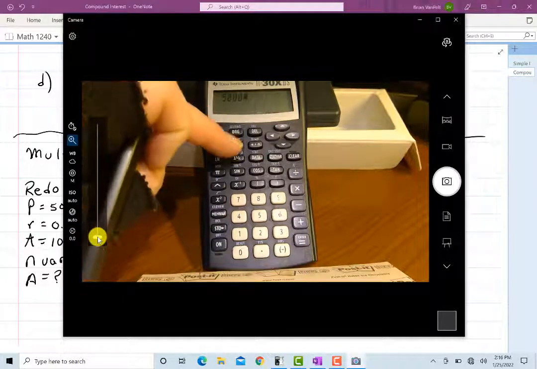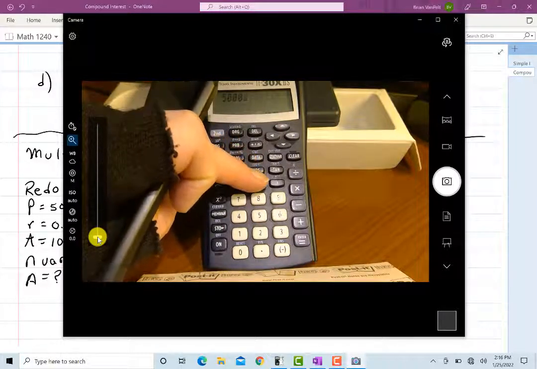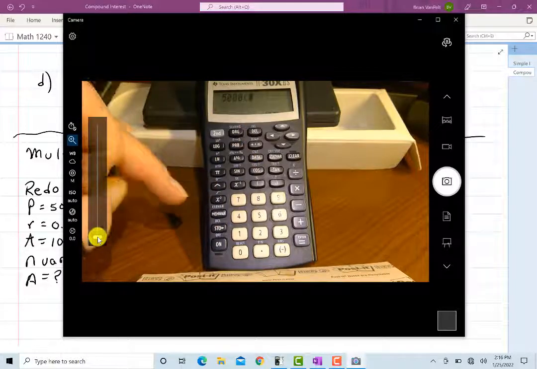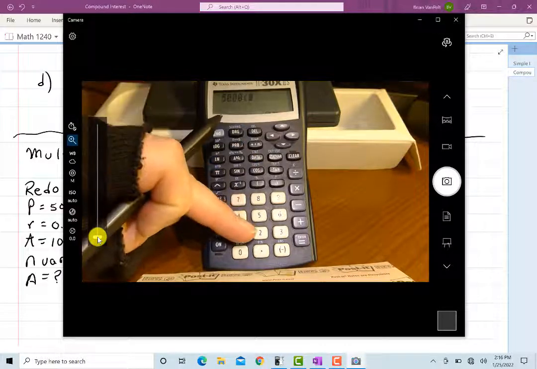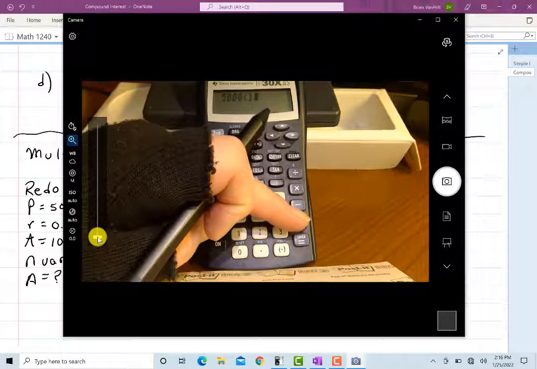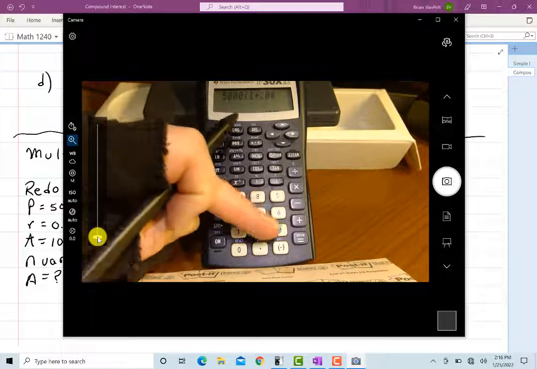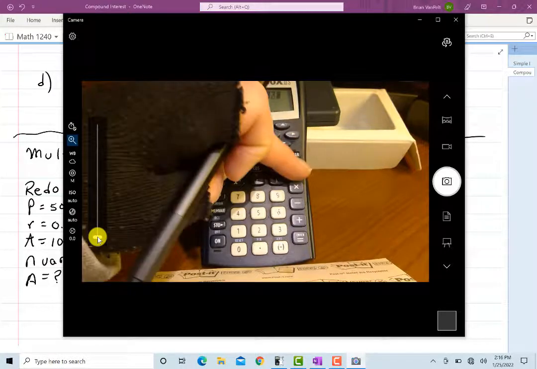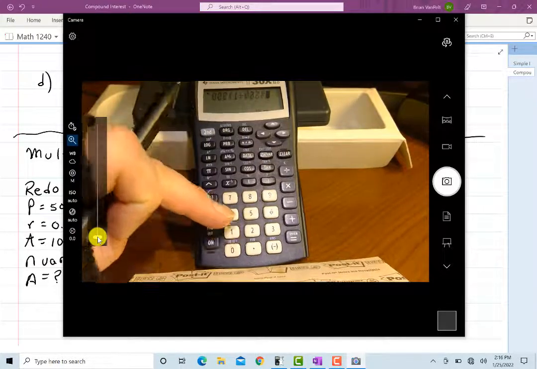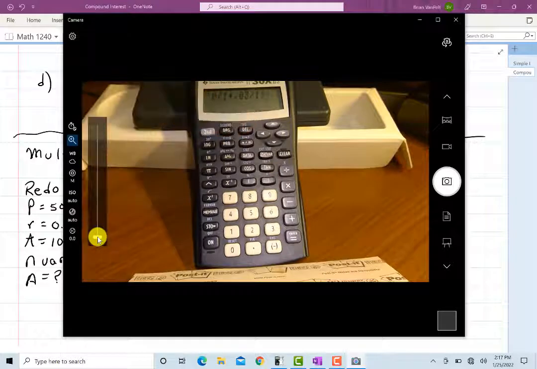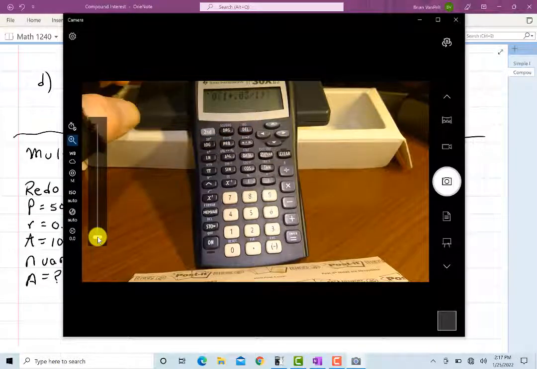Then you can start a parenthesis, and then we can do 1 plus 0.03 divided by 1. Finish the parenthesis, and now we need to do the exponent.